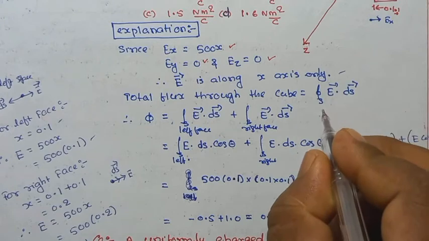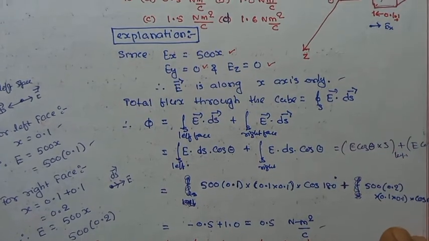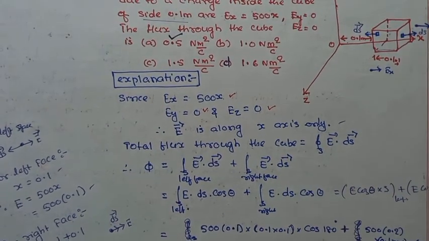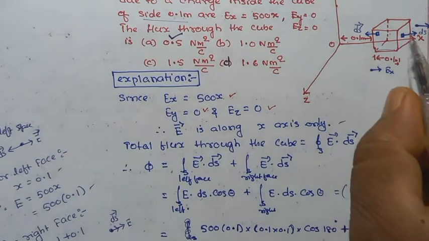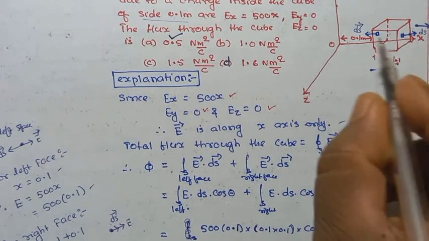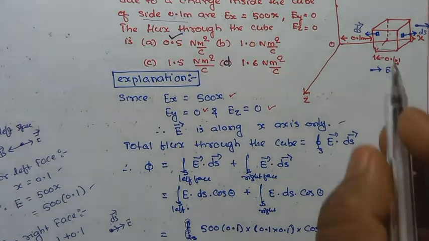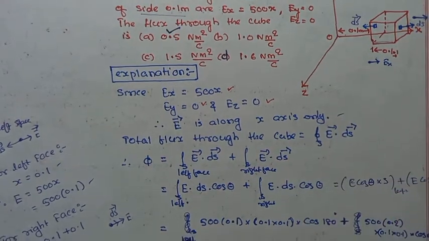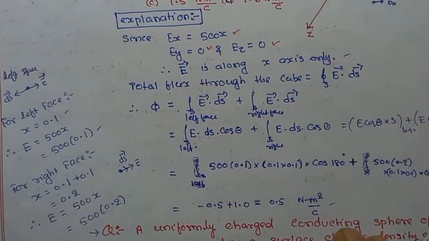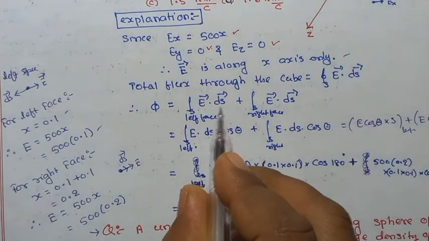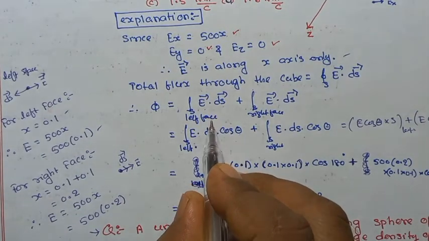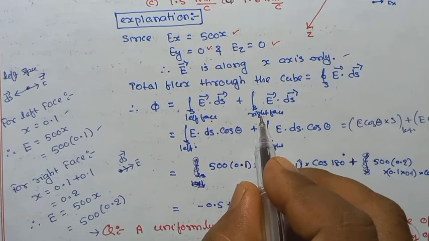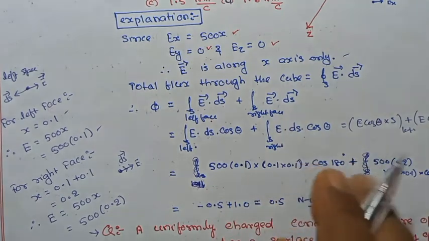Now we will open up this closed integration. Since the electric flux exists only for the positive x-axis and negative x-axis, we will take only these two faces. So the total flux phi is equal to the surface integration of E vector dot ds vector for the left face plus the surface integration of E vector dot ds vector for the right face.